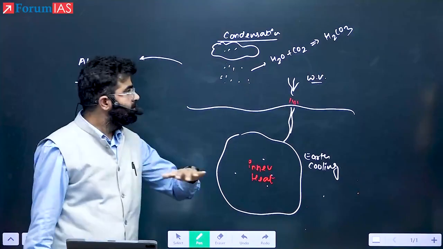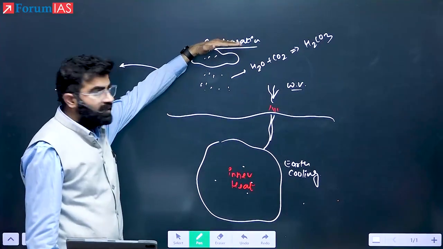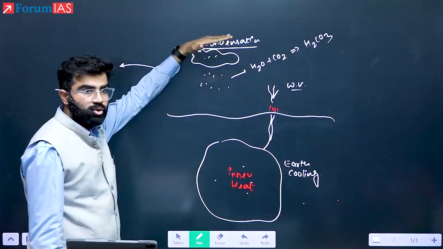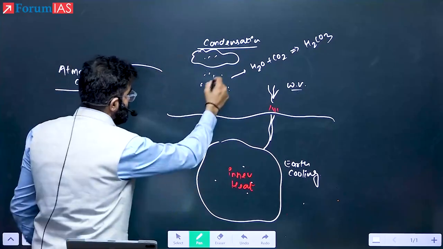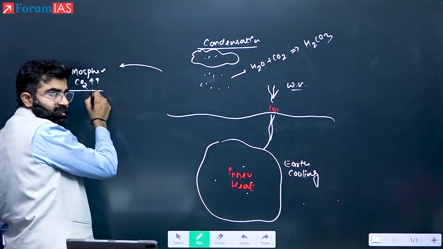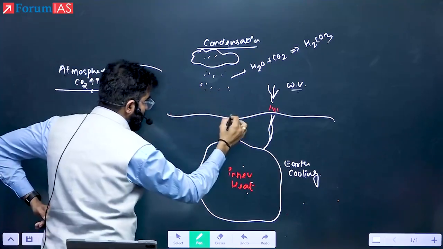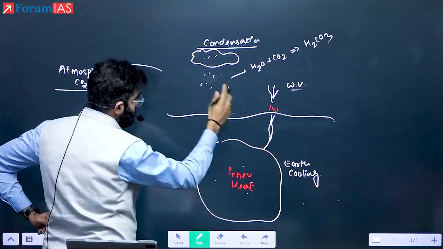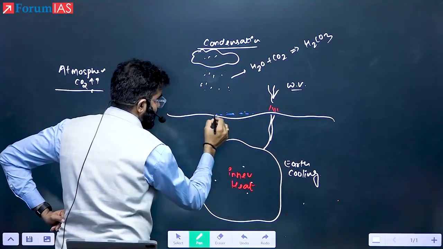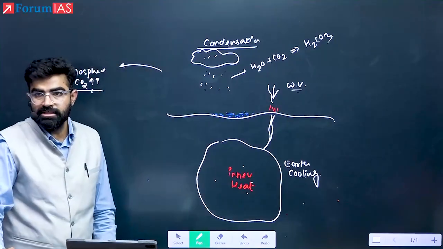Now, please see here. When this cooling and condensation process was going on, atmospheric CO2 was removed with the rainfall. Now, will the CO2 concentration decrease or increase in the atmosphere? It will decrease. Yes. Now there were some depressions, this kind of depression. In these depressions, the rainfall water started depositing, and this is nothing but your seas and oceans going to form.